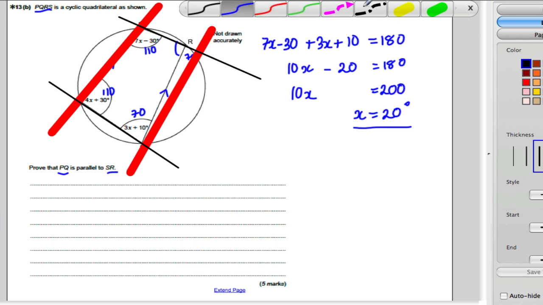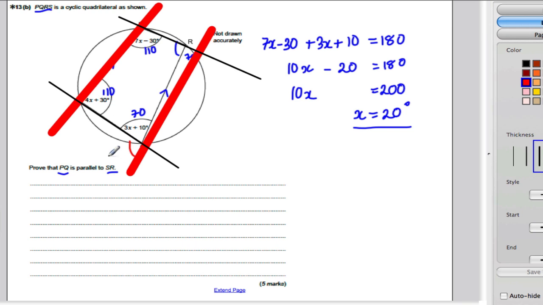We have shown that this angle here is 110 and this one's 70, so this one's 110, and this one here is 110, so this one, given that that's 70, must be 110 as well. So we've got Z angles or alternate angles going on here. So because the angles are alternate, PQ is parallel to SR.